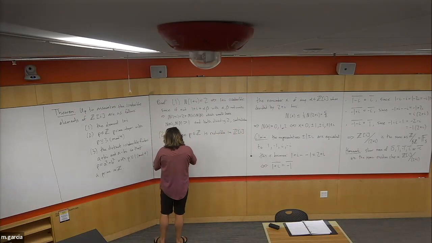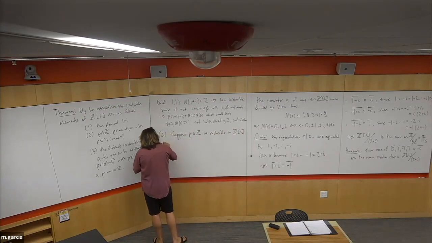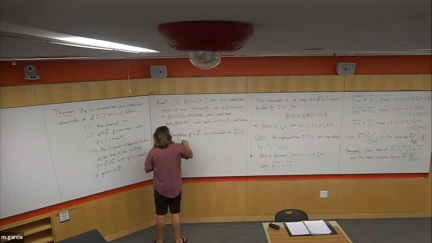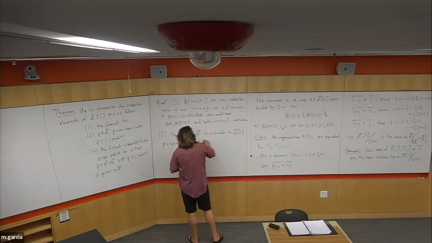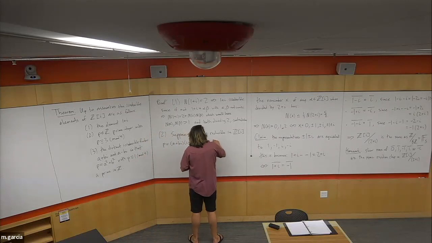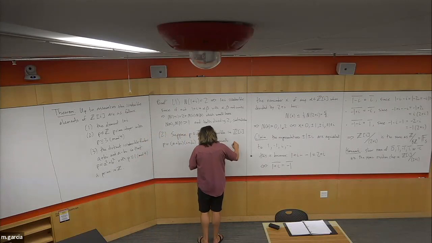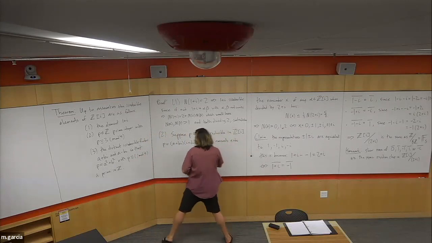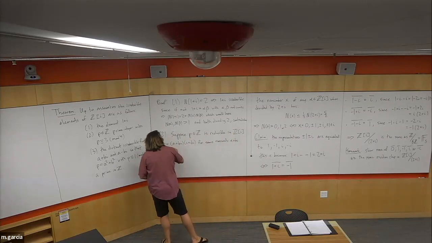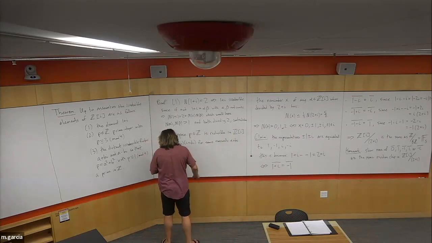Then p is equal to a plus bi times c plus di, for some non-units, I should say, a plus bi and c plus di. Okay.